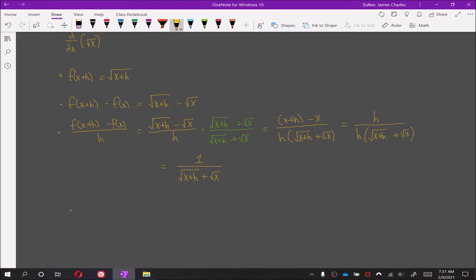Now the fourth step is to take what we just found and take its limit as h goes to 0.